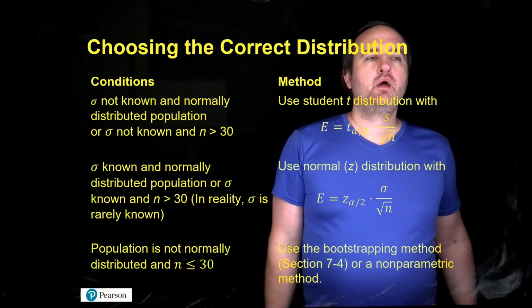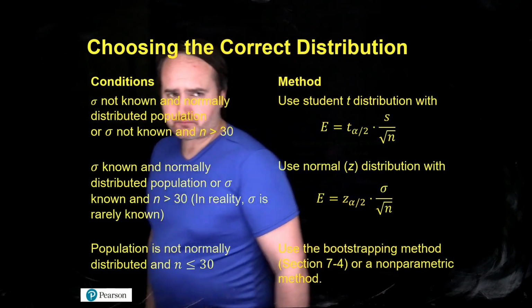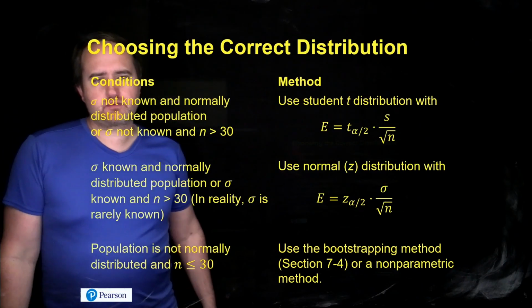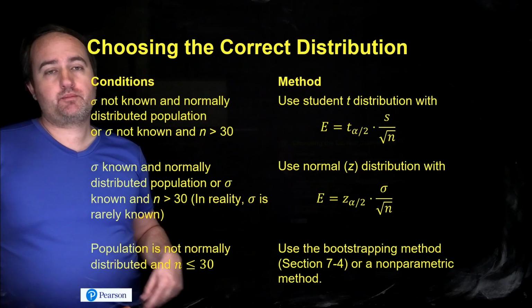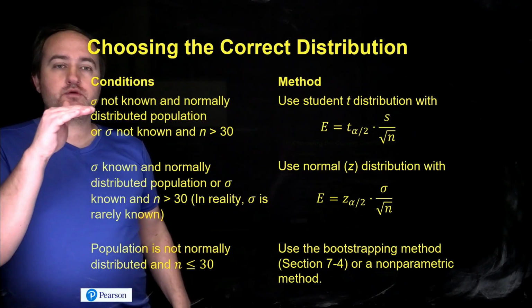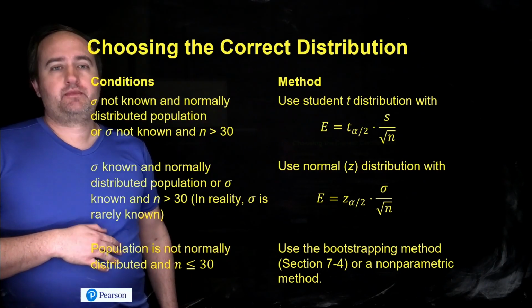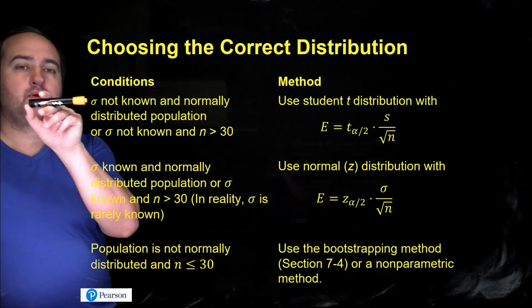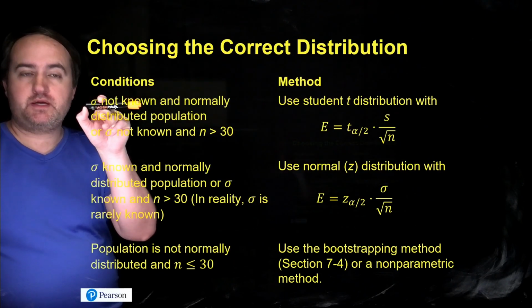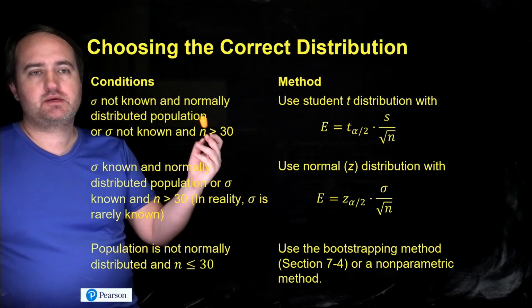Okay, and then just to summarize what we've learned today, and also an interesting case on the bottom that's good to know for the real world. Like I said, in most cases in the real world, sigma will not be known because we can't do a census.